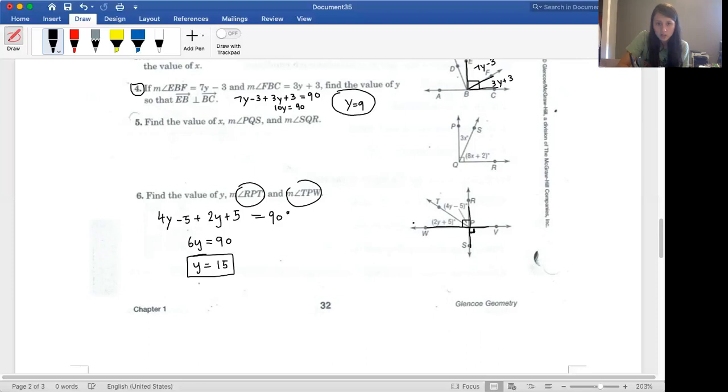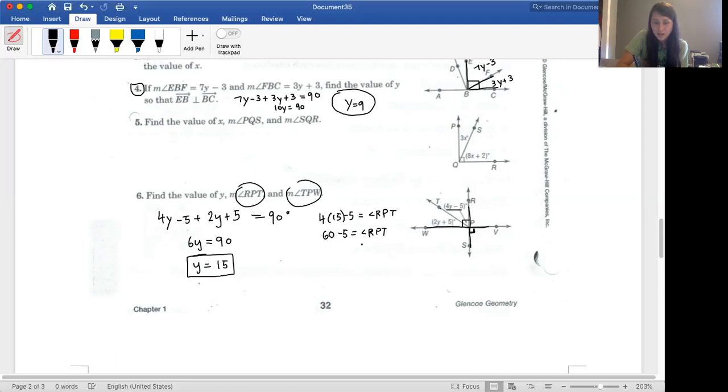So RPT, that's right here, RPT. So I'm going to plug in 4 times 15 because I'm going to use this equation here. So 4 times 15 minus 5 equals angle RPT. So 4 times 15 equals 60. 60 minus 5 is 55.